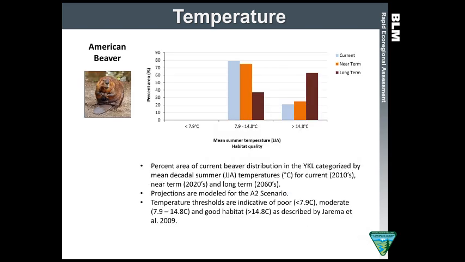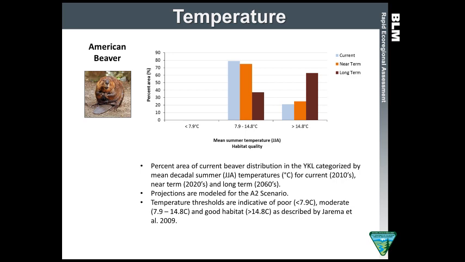If we take this graphic and turn it into a graph, this is the percent of current beaver distribution categorized by June, July, and August temperature. I apologize, this isn't just July temperature. We look at how their distribution thinned out.